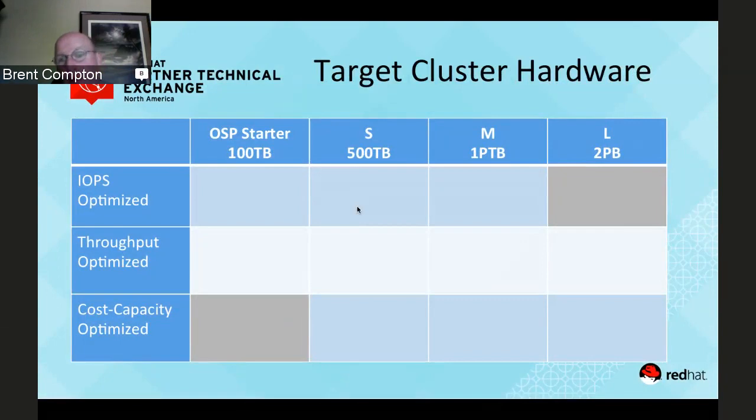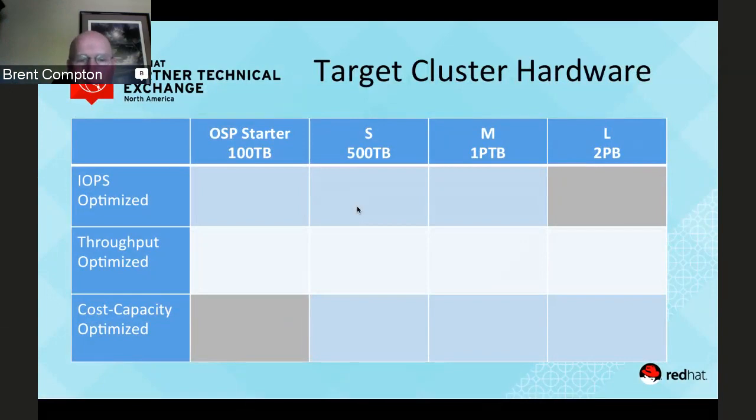For instance, for larger cluster slices, which frequently tend towards higher density servers, its particular configuration with network and media lends itself well towards either throughput, IOPS, or cost capacity optimization. One of the things to note here is how we approach the benchmarking for these reference architectures for that row, for cost capacity optimized, and we stay true to the criteria, which is, as we discussed above, cost capacity optimized.